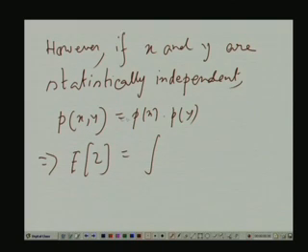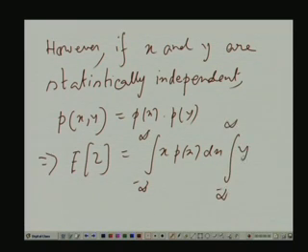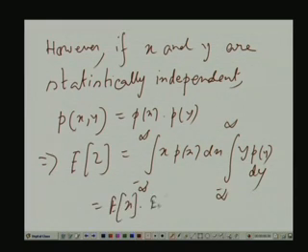We replace Px comma y as this product, take x Px under 1 integral, in that case Ez is nothing but the product of E of x and E of y.